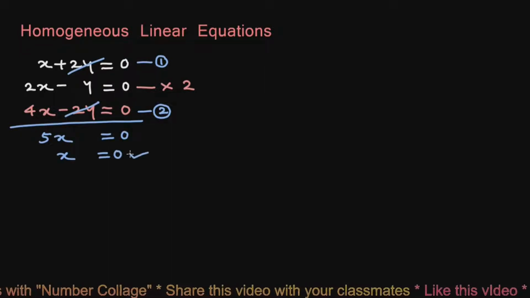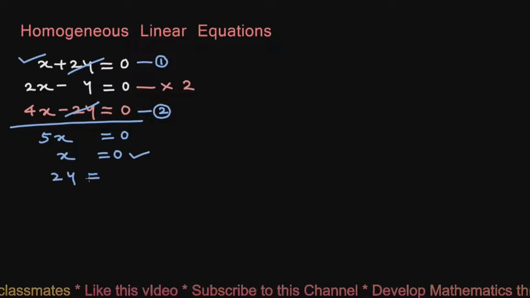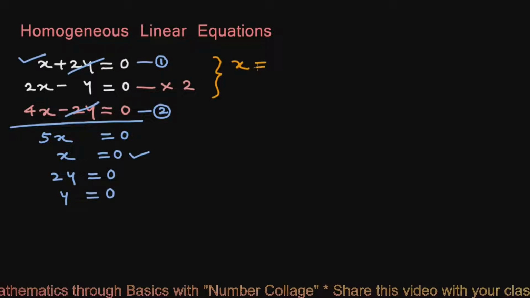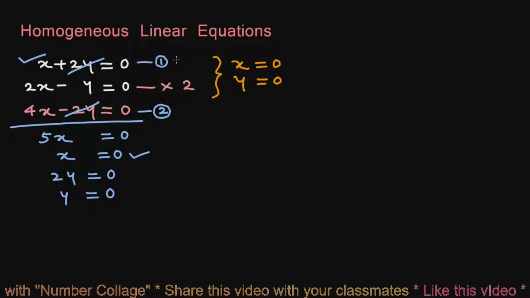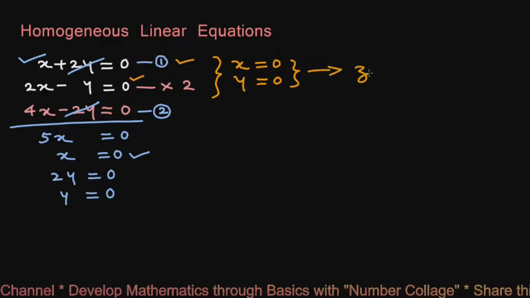Now using this value of x in the first equation, we get 2y equals 0, that means y equals 0. Therefore, x equals 0 and y equals 0 is the only solution of these two linear equations, and this is known as zero solution.